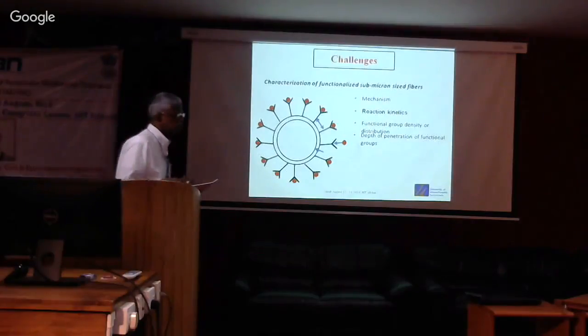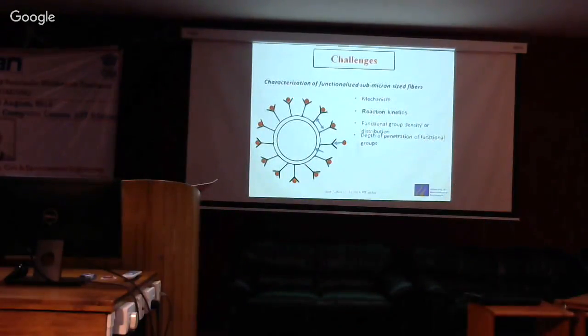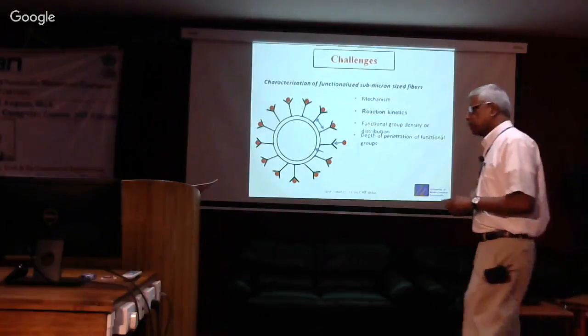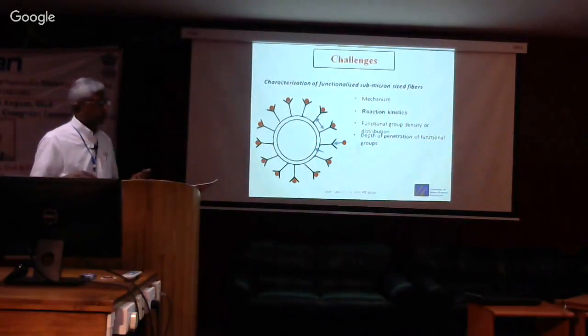So you have this solid polymer, solid fiber, and you are hitting it with the functionalization reagent, and you are creating these sites. Now, it depends on how much this can penetrate. How many nanometers from the surface? That will give you your equilibrium capacity.